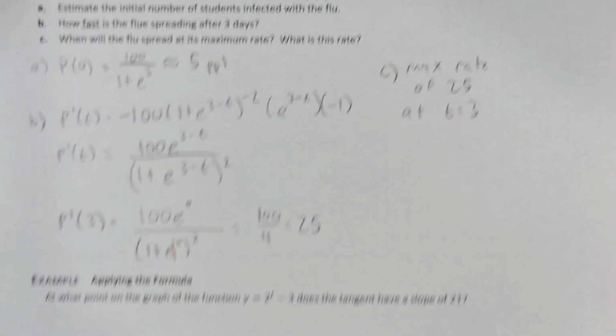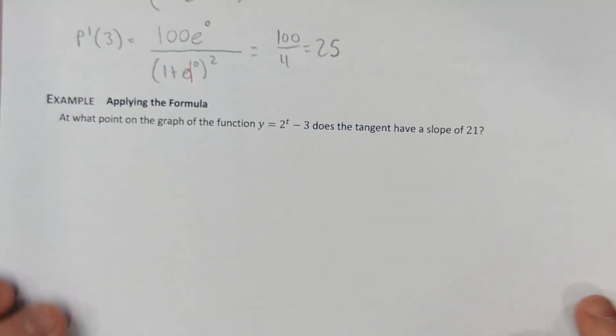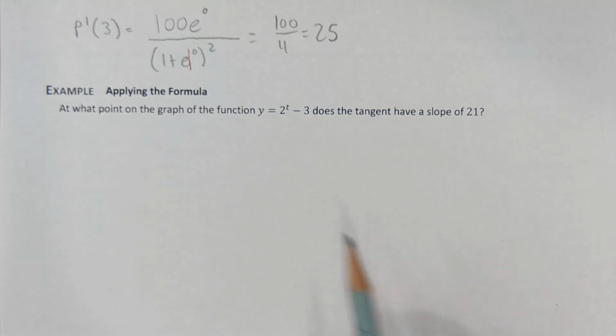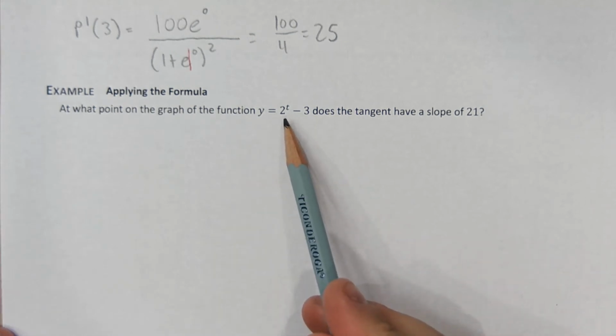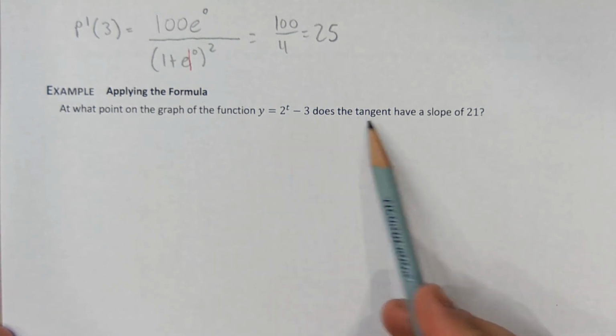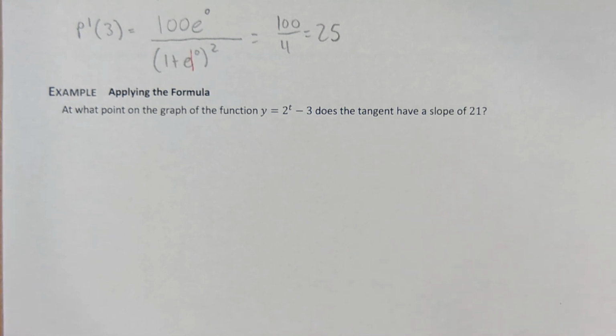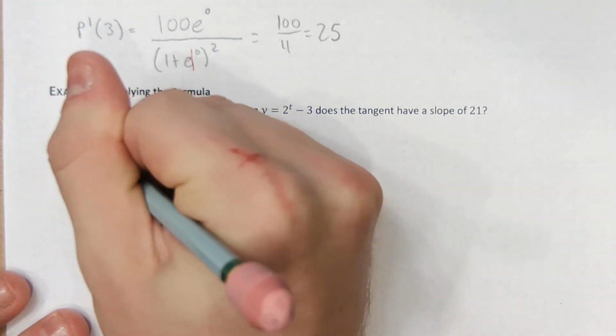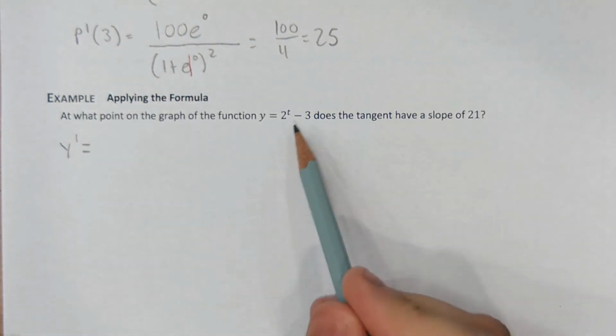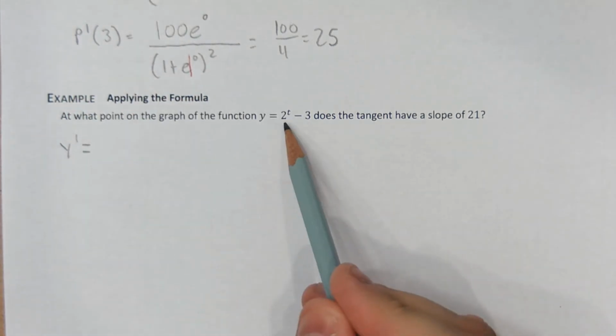All right, moving on. Let's apply the formulas. At what point of this graph does the tangent have a slope of 21? Well, the tangent requires the first derivative. So we have to figure out what y prime is. Okay. Y prime equals. Well, the derivative at this -3 is just going to be 0, so we're legitimately just talking about the derivative of 2 to the t.